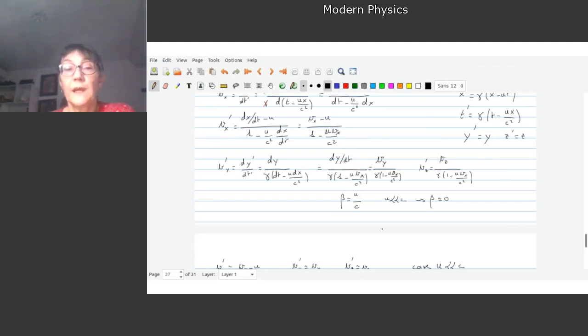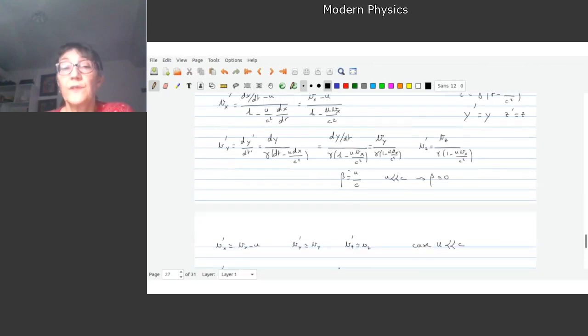So this is a limiting case. You know, u over c is this beta. In the case of classical physics, for example Newton mechanics, the velocities are very small if you compare them with the velocity of light.